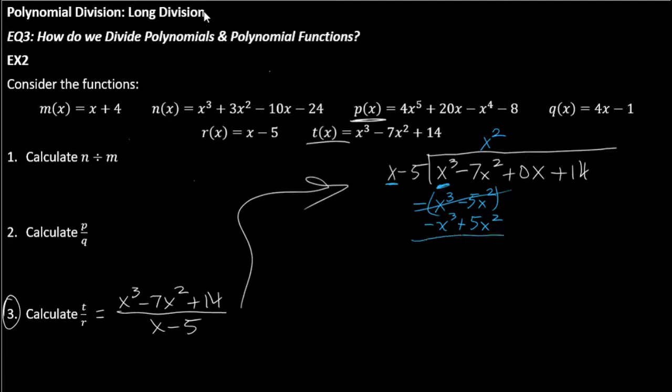Scratch that out, combine everything down, negative 2x squared, and x cubed minus x cubed, that's 0. Bring down our next term. Okay, so x times what gives me the negative 2x squared? Well, that would be minus 2x. Distribute back in, so negative 2x squared and positive 10x.